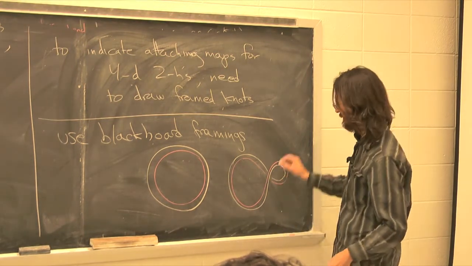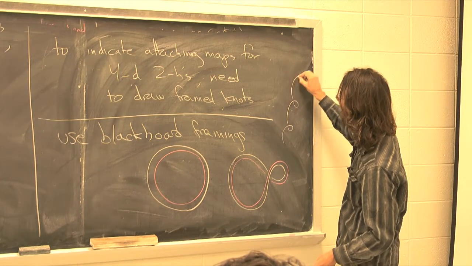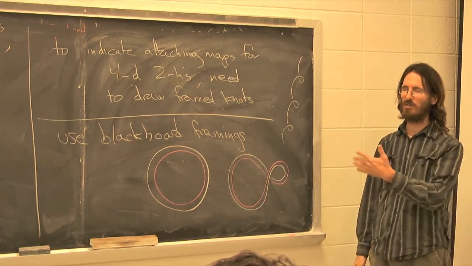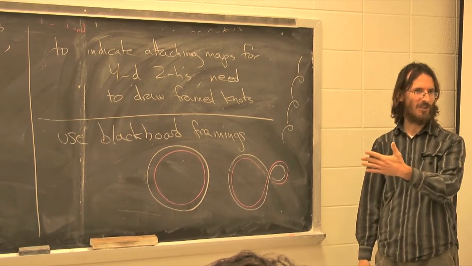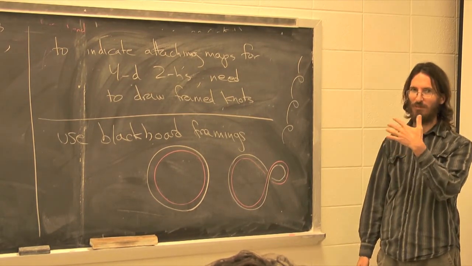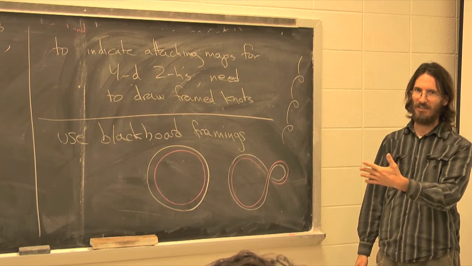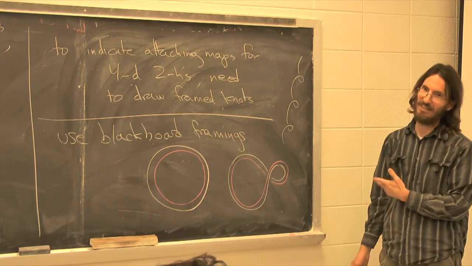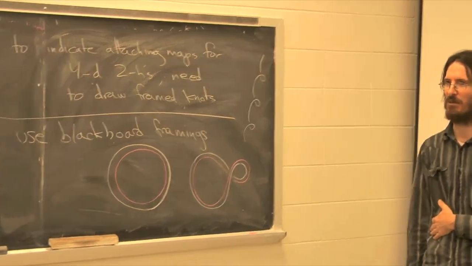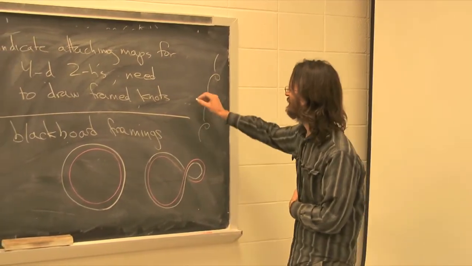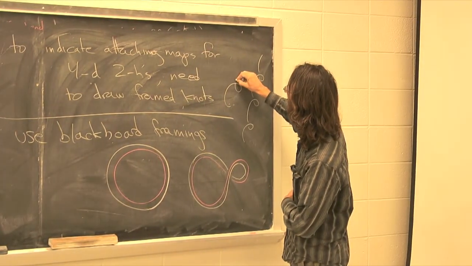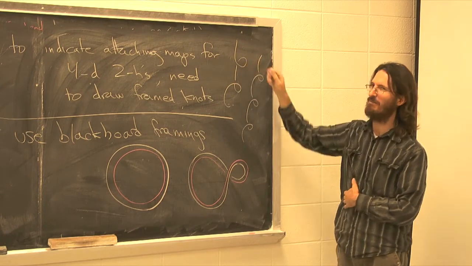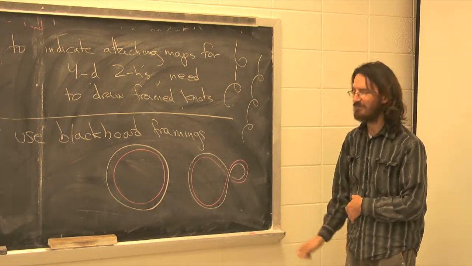So by putting little kinks like that in, that's another way to keep track of framing. You could say all my pictures are going to be blackboard framed, and then in order to indicate different framings, you have to put in different kinks like that. That sometimes is actually a useful convention as well. And then if you did this, and then this, of course that's a +1 and a -1.